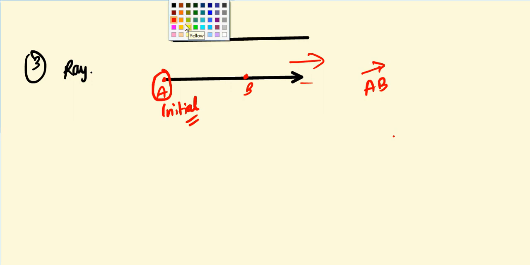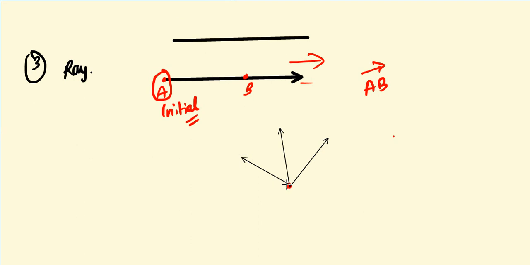Okay, so suppose you are having a point like this. Now you can draw an unlimited number of rays, just like one, 2, 3, 4, 5, 6, 7, 8. Unlimited you can draw.